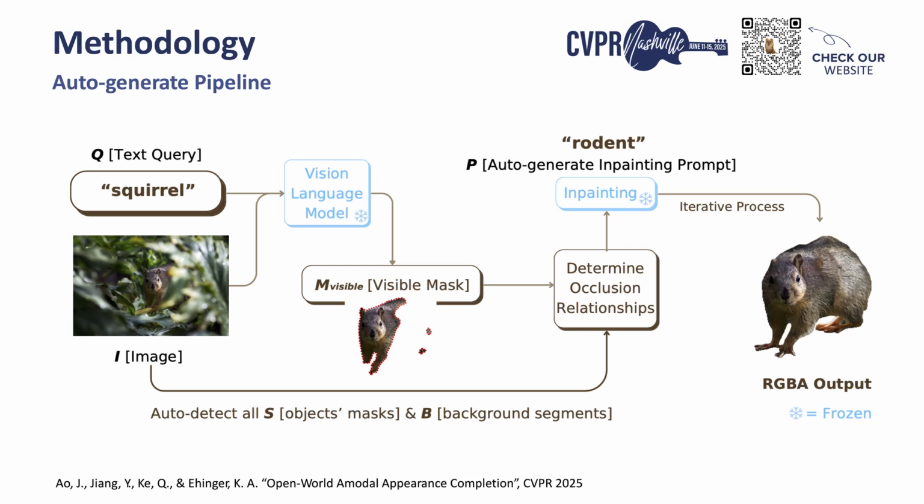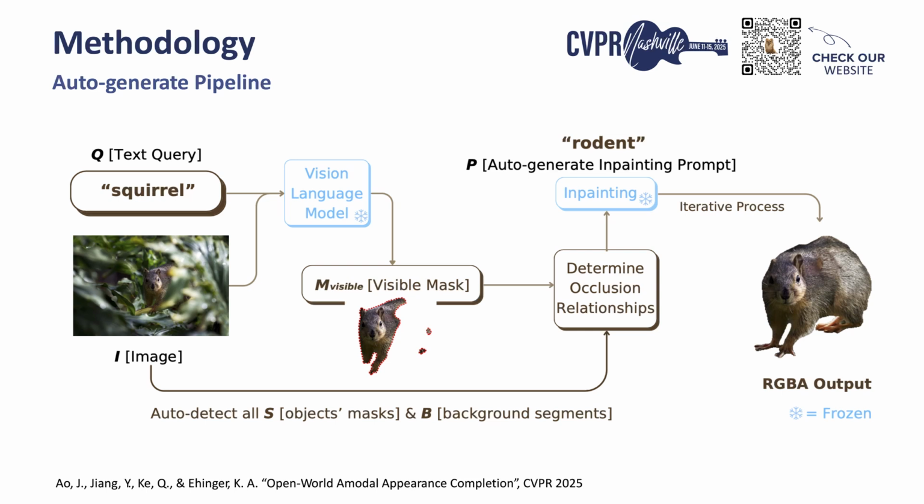Using this query, we employ a vision language model to generate visible masks, which identify and isolate the part of the target object that can be directly seen in the image. This provides an initial idea, but it only covers the visible regions. To achieve full Amodal completion, we need to predict the hidden parts that are not directly visible.